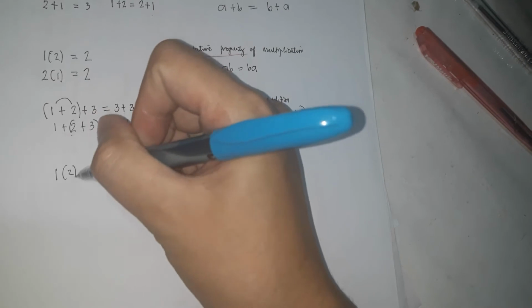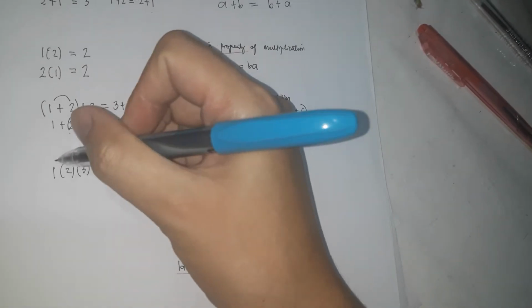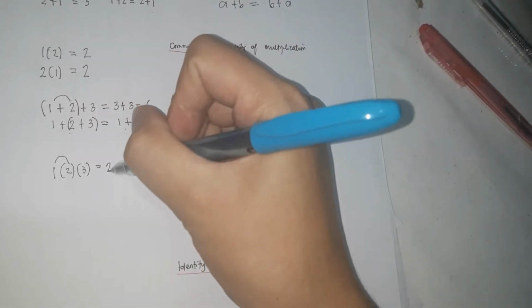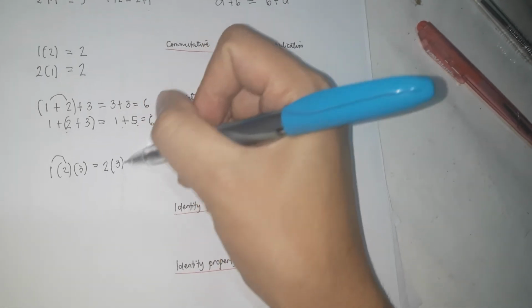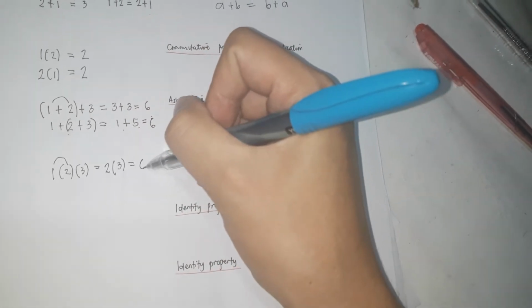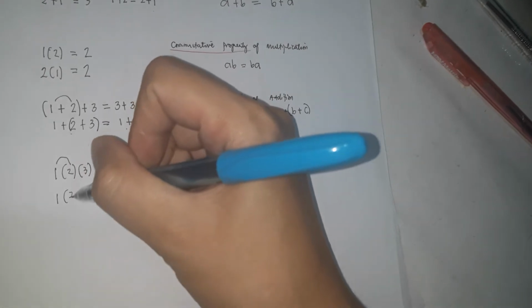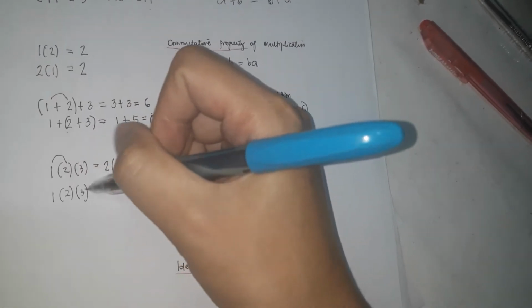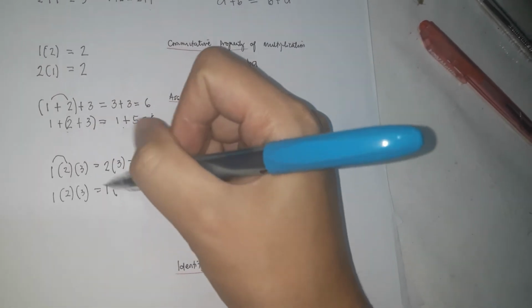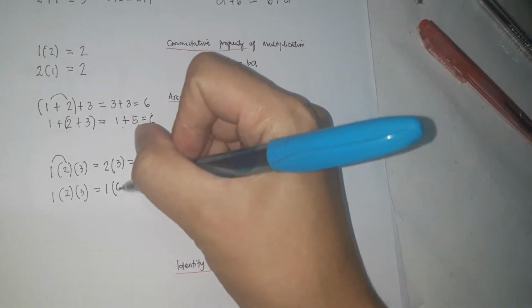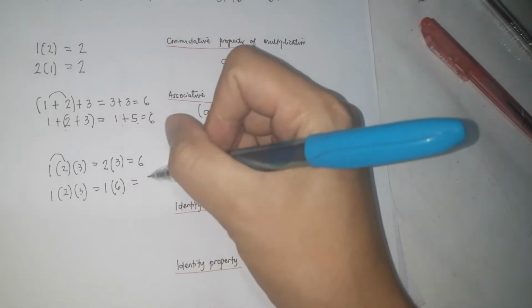The next property is this one. 1 times 2 times 3. If we start with 1 times 2, we will have 2 times 3, which is equal to 6. How about if we're going to start with 2 times 3? We're just going to copy 1. 2 times 3 is 6. 1 times 6 is 6.